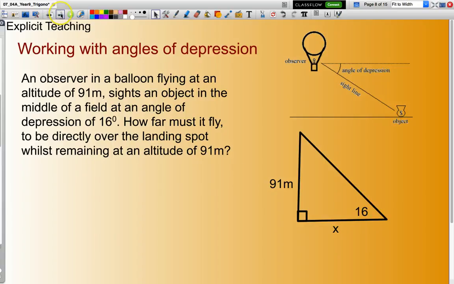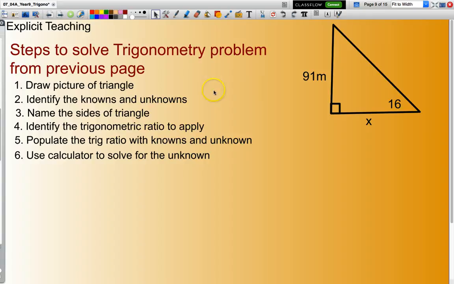So, we've got our picture of our triangle. Do we know our knowns and unknowns? Well, 91 meters is a known, x is what I need to calculate, and 16 degrees is also a known. We need to name the sides of our triangle.